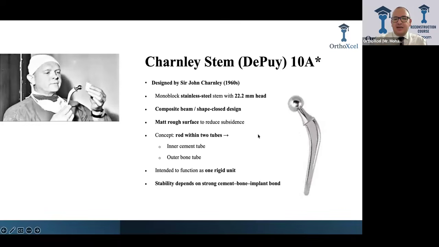As you can see, he has here a bit of shoulder, and this shoulder was mainly to reduce the subsidence and to add some load to the proximal femur to avoid stress shielding. He tried to use it as one rigid unit, the same as the composite beam idea, and he thought that stability depends on a strong cement-bone-implant bond. So he tried to make one bond between the implant, cement, and bone, which is a composite beam.